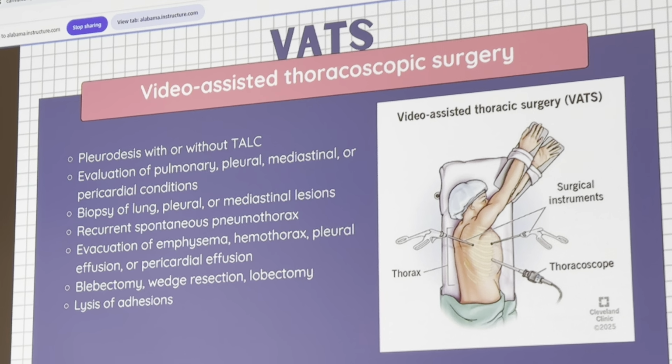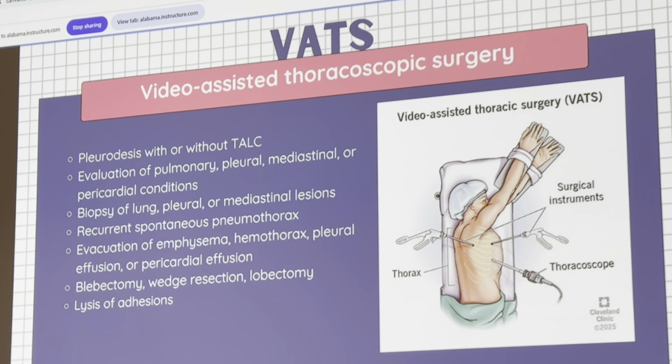Now, we can have some other things if we have persistent pneumos that have developed, or persistent hemothoraxes, or persistent fluid building up within our intrathoracic cavity. Besides a chest tube, I can also do a talc procedure as well.